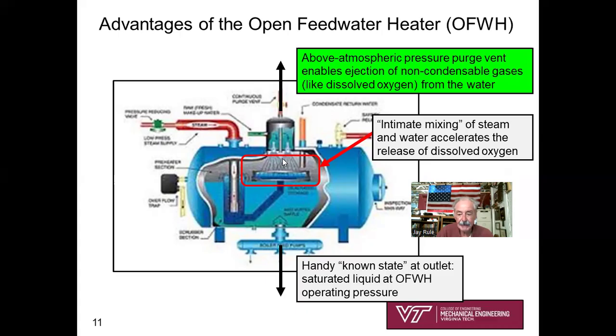If you're putting some tap water in to make up a stream, it releases oxygen from the saturated mixture, and that really helps the operation of the boiler because it's very bad to get oxygen in a very high temperature area. That would be rust on steel pipes. So this intimate mixing of the steam and water accelerates the release of dissolved oxygen in the H2O, and it simply goes out through the roof.